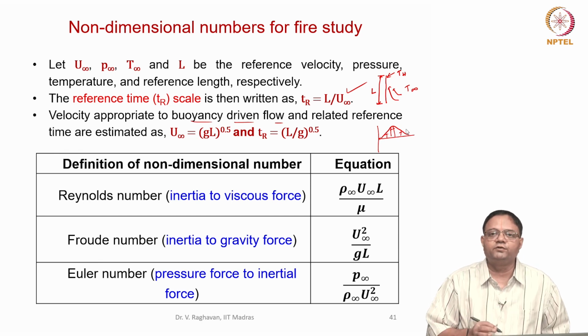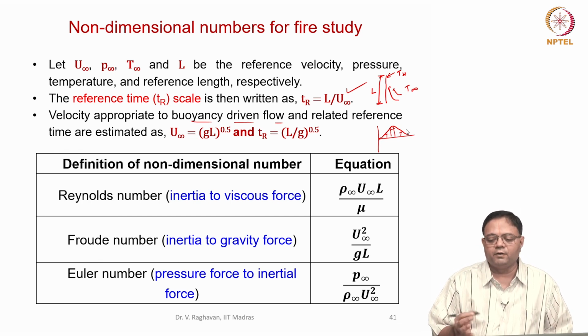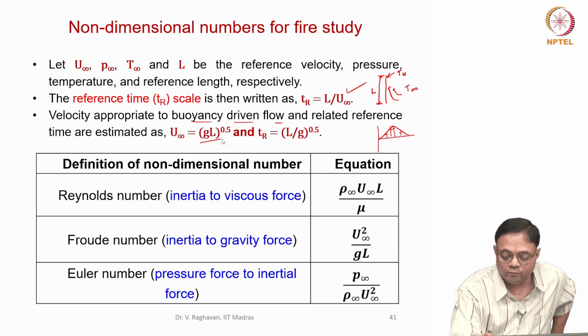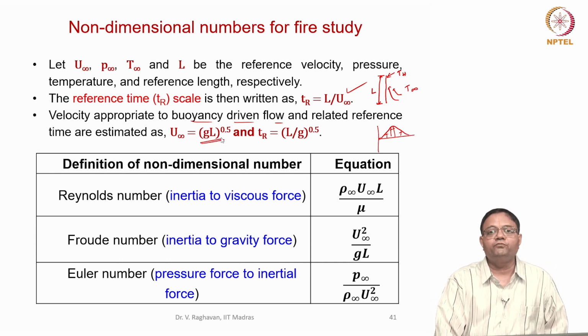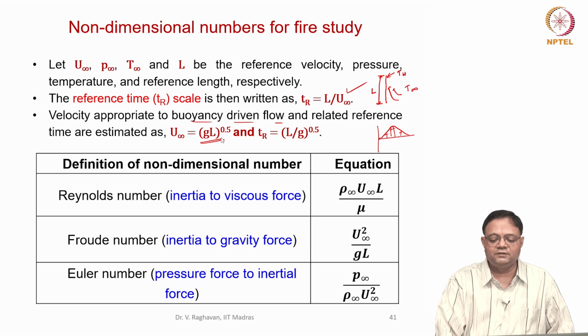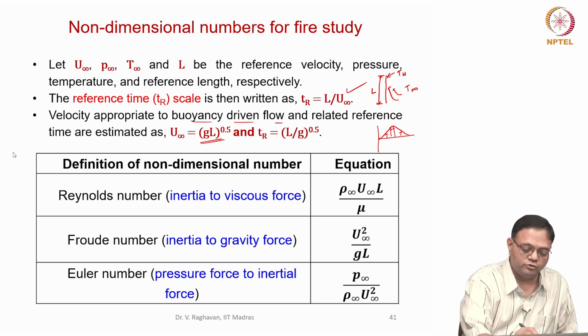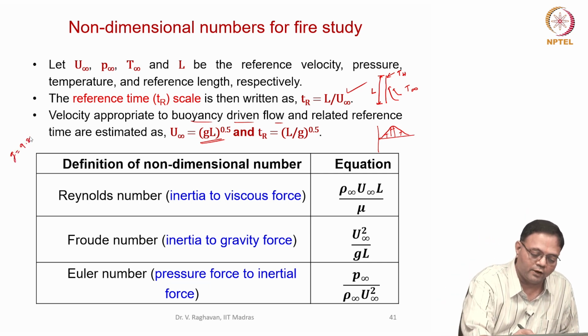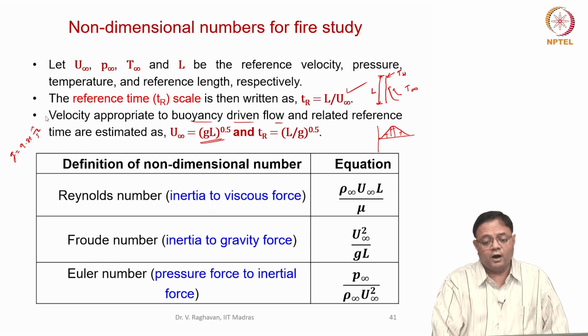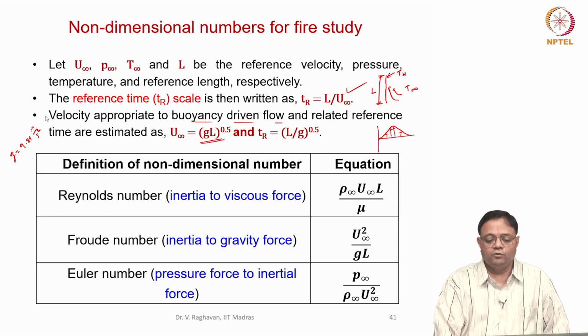But the average velocity which is induced can be determined by the term under root of GL, where g is the acceleration due to gravity, so g will be equal to 9.81. Under root GL: g in meter per second square into L in meter gives meter square per second square, and under root gives meter per second.